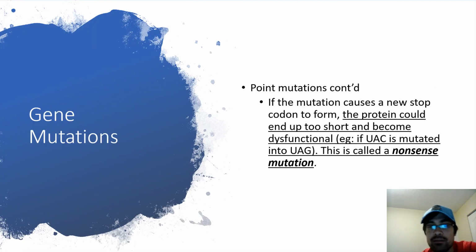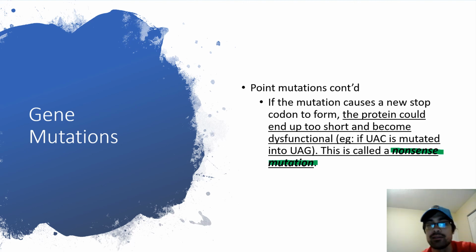The next type is called a nonsense mutation. Okay, and what happens in a nonsense mutation is that the protein becomes too short. The translation process gets cut off far too early because there are certain codons which code for what's called a stop codon. Stop codons signal the ribosome to stop translation and finish processing the amino acid sequence into a protein.